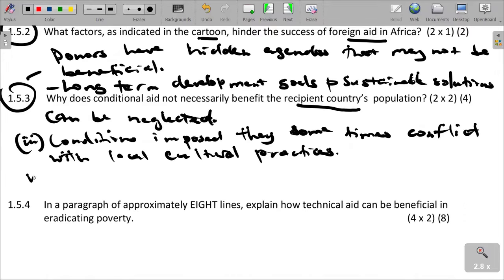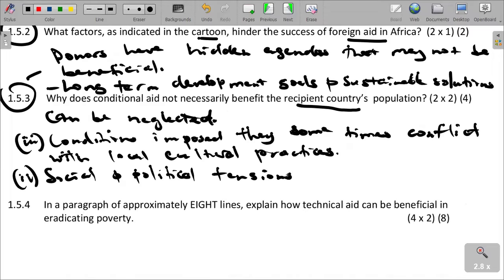Social and political tension may seriously destabilize specific intentions.